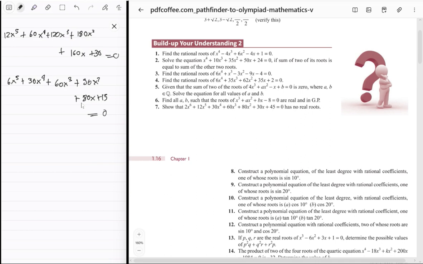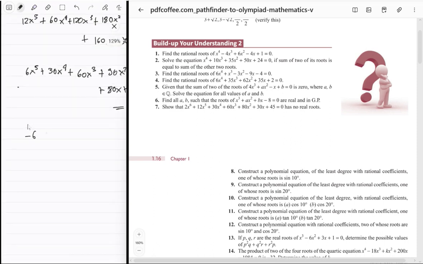Rational root theorem. What other thing do we have? I don't even want to do u upon 6 and all that stuff because that's not going to help. It's going to make this very ugly and very big. Just going to try putting something. So let's put -1. -1 is a factor of this thing, right? Okay, just try to do this thing.